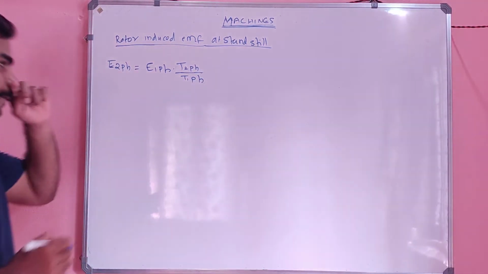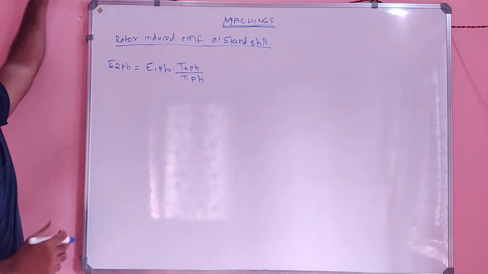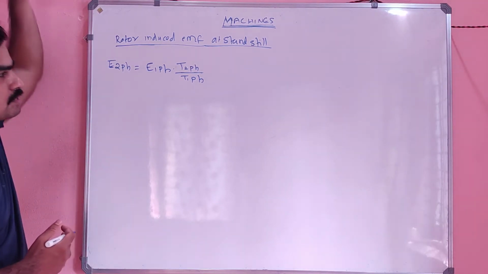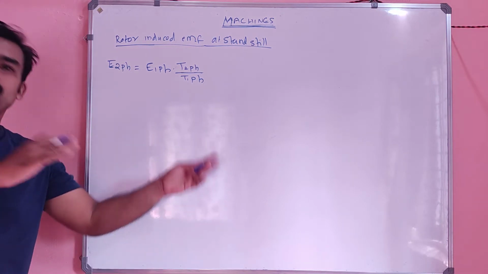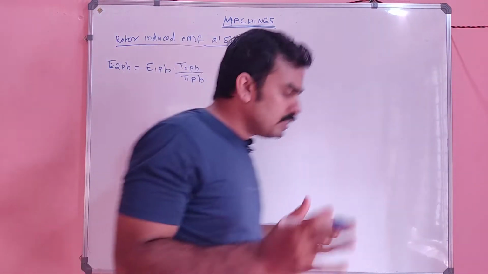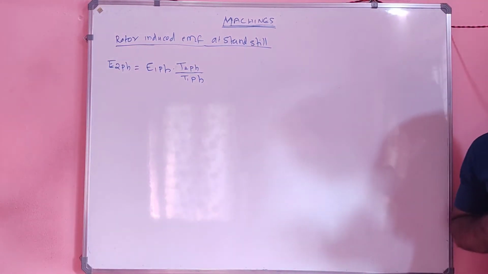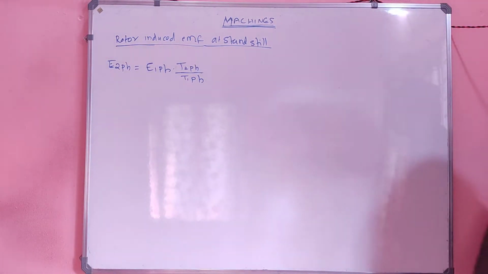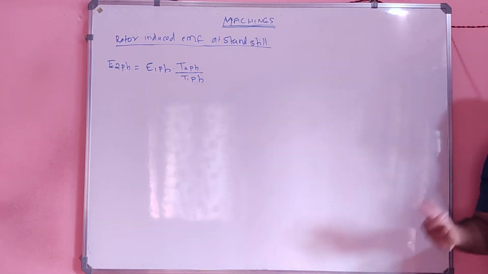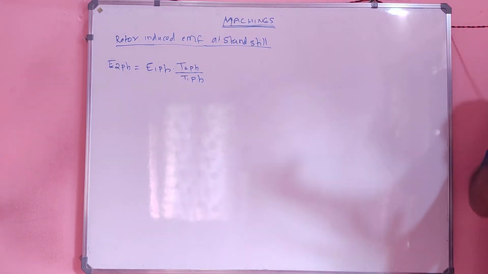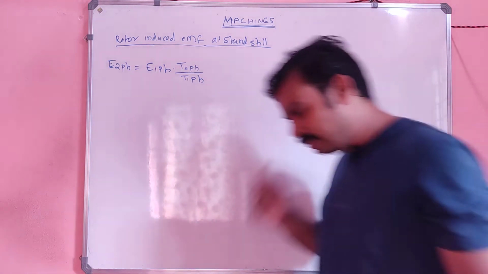So this is the rotor induced EMF at a standstill condition. That means on the rotor side also there is an induced EMF, right? Similar to the transformer. If you compare this with the transformer, then it will be very easy. Otherwise it will be very difficult to imagine.